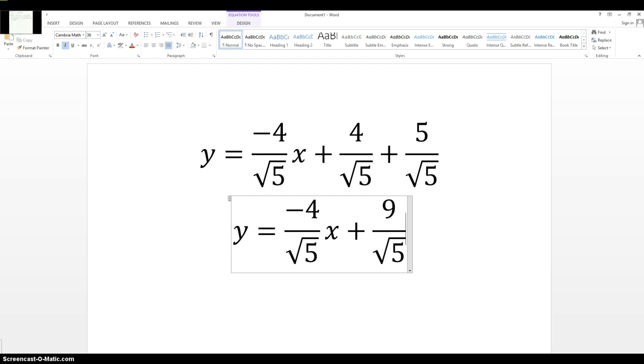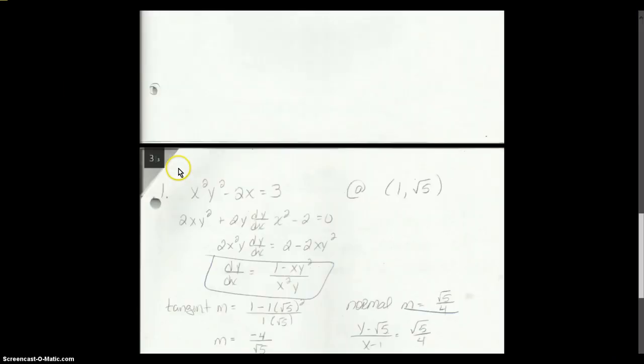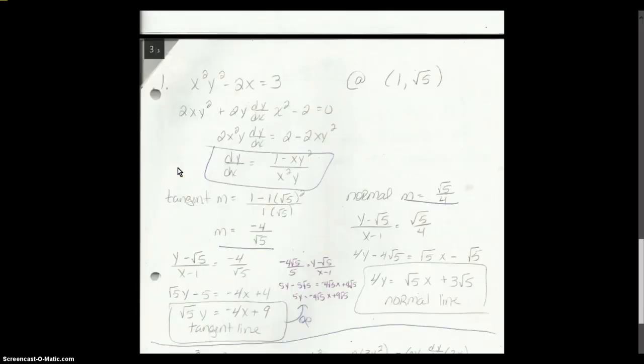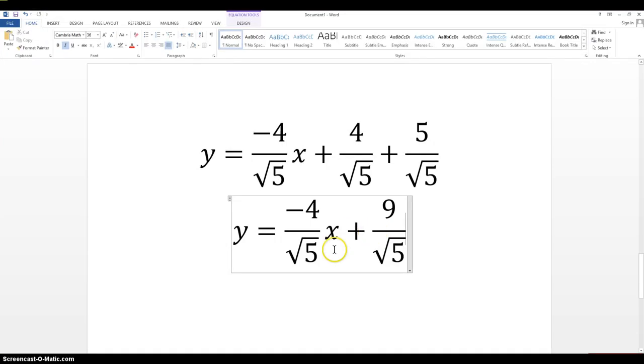Let's check to see if we're right for tangent line. We got negative 4 over square root of 5 x plus 9 over square root of 5. Perfect. That's exactly what we got.